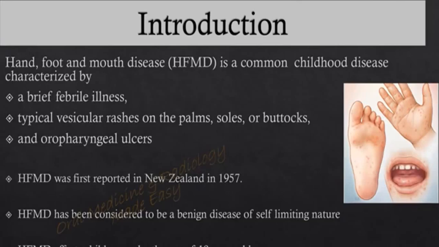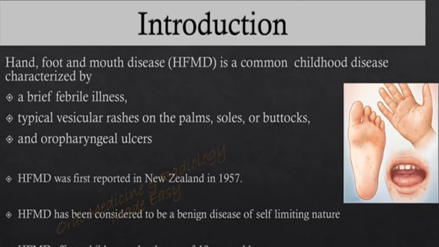So, in brief, it is a brief febrile illness. You see a typical vesicular rash, mainly on the palm and sole, and may be seen also on the buttocks, and in the oropharyngeal area in the form of ulcers. The first case was reported in New Zealand in 1957.